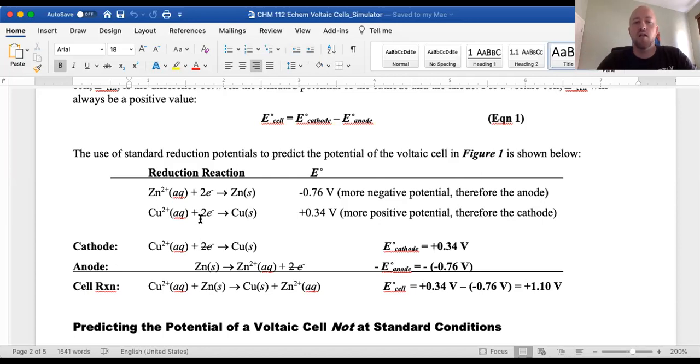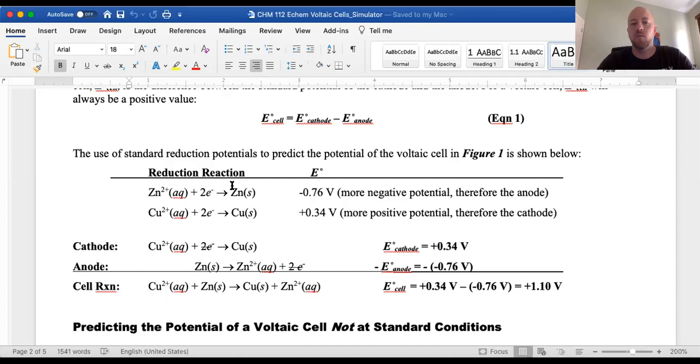In this case, the copper 2 plus is more likely to go as it's written, so it is stronger in reduction potential. That means the other one would have to flip around, which puts the zinc metal as your anode.